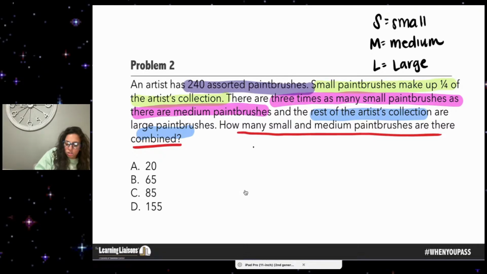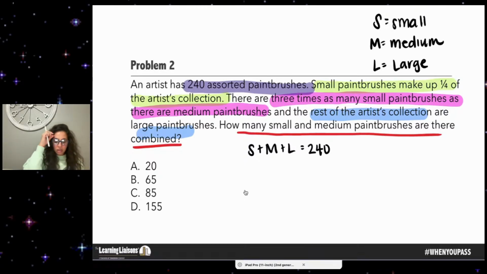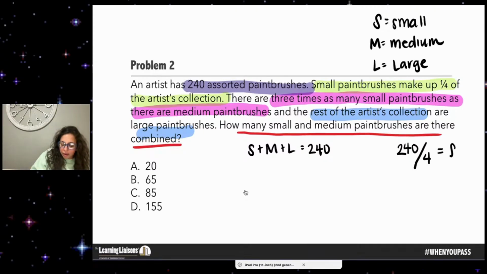So I know small plus medium plus large equals 240. Small paintbrushes make up 1/4 of the artist's collection. So if small is 1/4, can't I just divide 240 by 4 and get how many small paintbrushes there are?